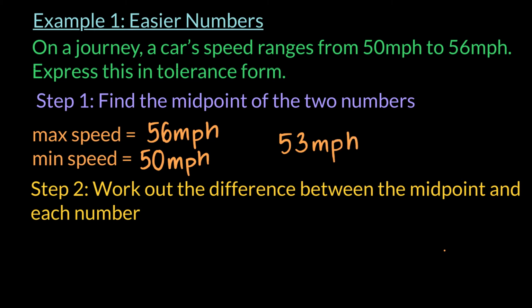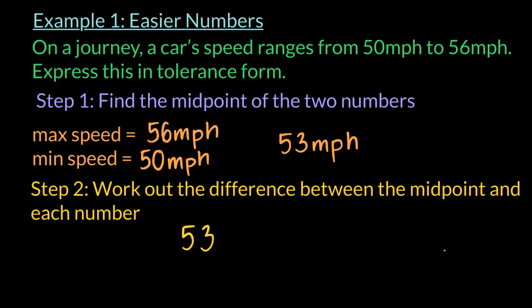Our second step, now that we know our midpoint is 53, and 53 is going to be the number that goes at the beginning of our expression in tolerance form, we have to work out the difference between the midpoint and each number. So because it's a midpoint, the difference between 50 and 53 and 53 and 56 is going to be the same because it's bang in the middle of those two numbers.